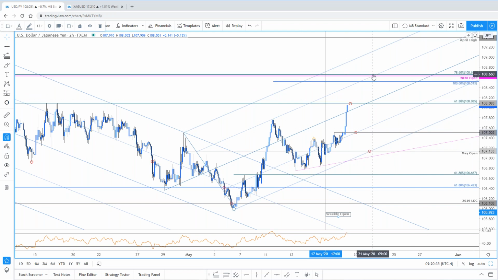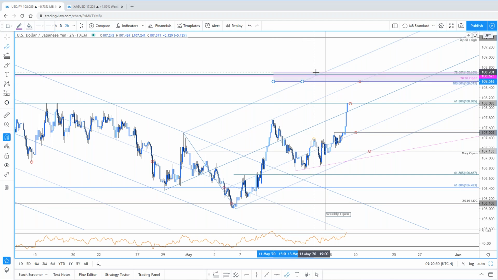Open that key zone of resistance up 10 pips, will you? On this immediate advance. That's your key zone of resistance for dollar yen.